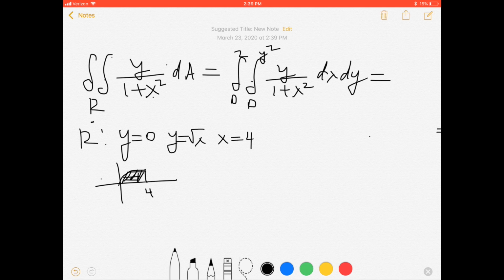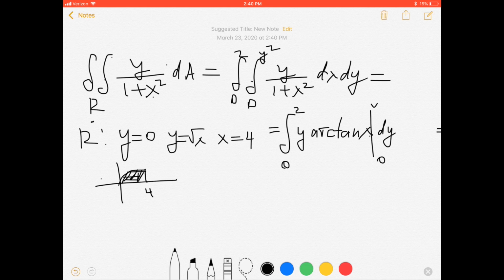Great. And then, if we integrate for x, 1 over 1 plus x squared will be arctan x. And here we have the integral from 0 to 2 of y arctangent x dy, where x is from 0 to y squared.